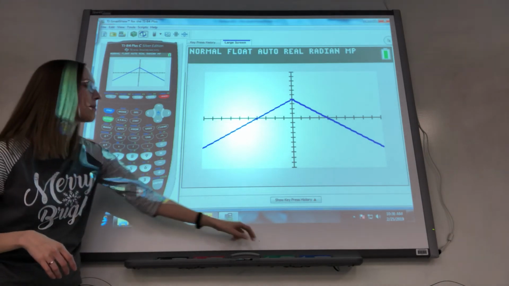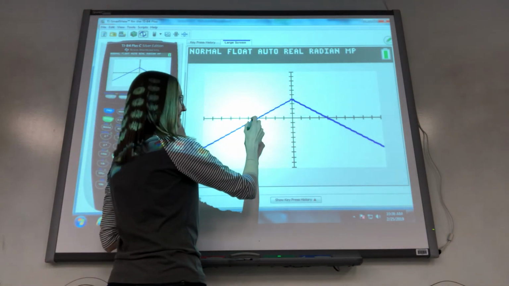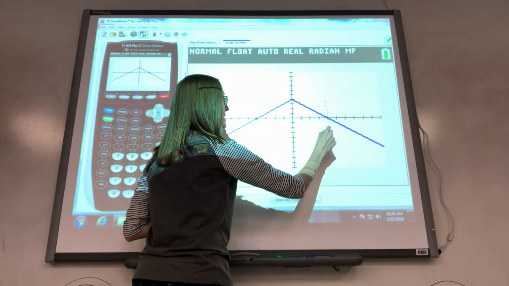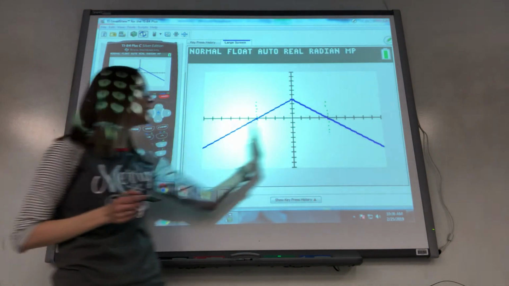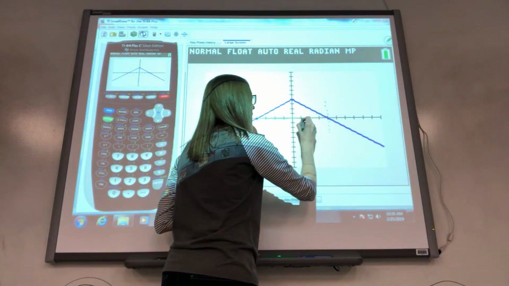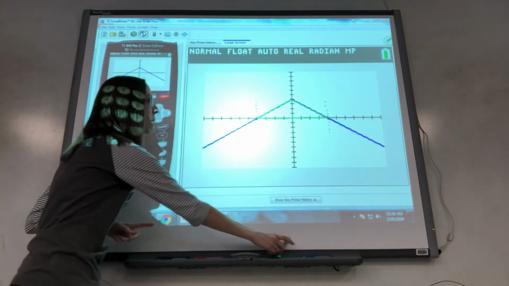Now, what was our lower bound and our upper bound? Yeah, -4 to +4. I don't care about anything happening over here. I don't care about anything happening over there. The only part of this graph that I care about is right there in the middle.